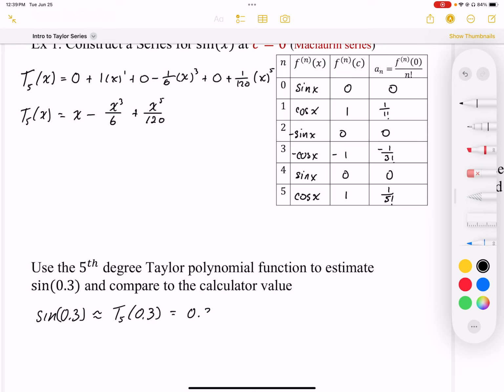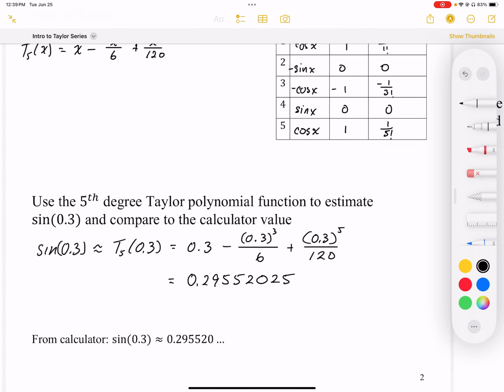So when I plug this in, I'm going to get 0.3 minus 0.3 cubed all over 6 plus 0.3 to the power 5 all over 120. And then working that out on the calculator, it works out to be 0.2955025. Okay, so that represents our estimate for sine of 0.3 using that Taylor polynomial.